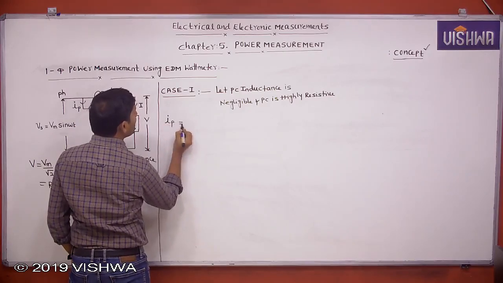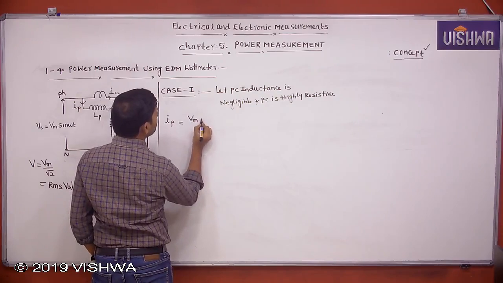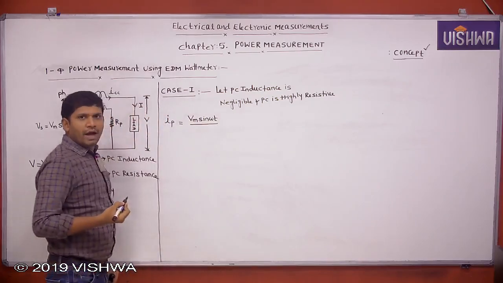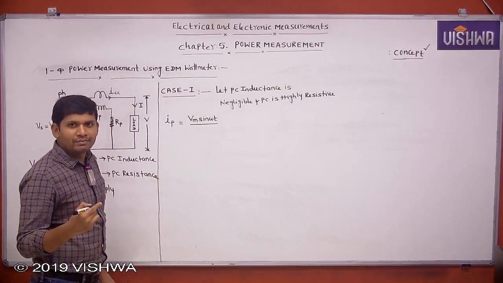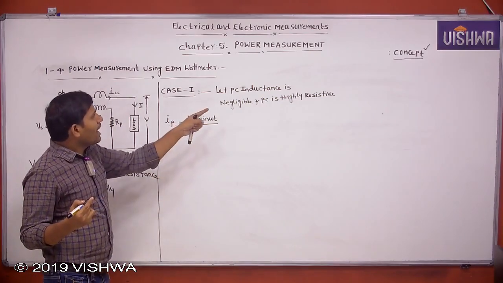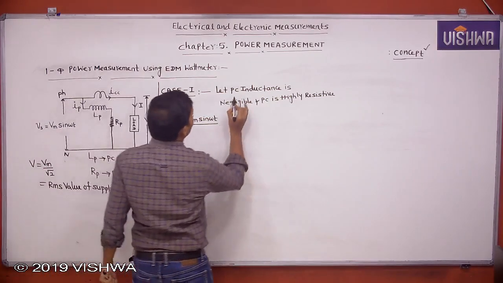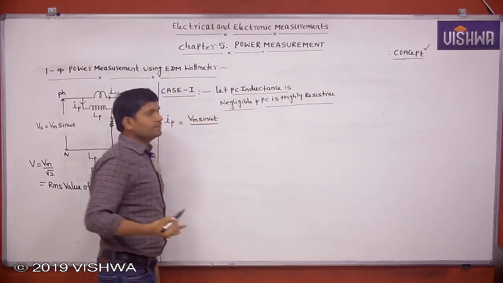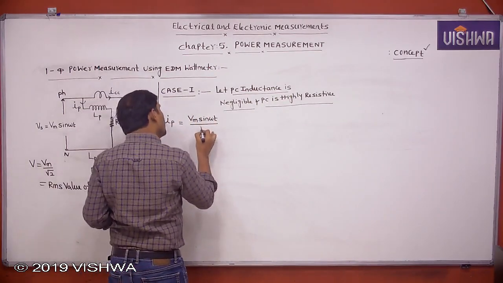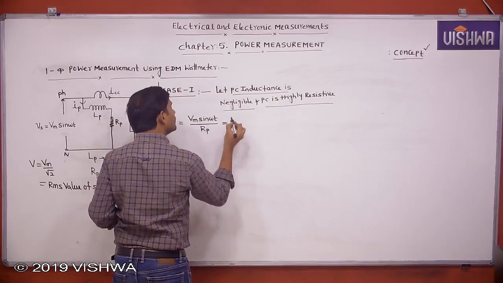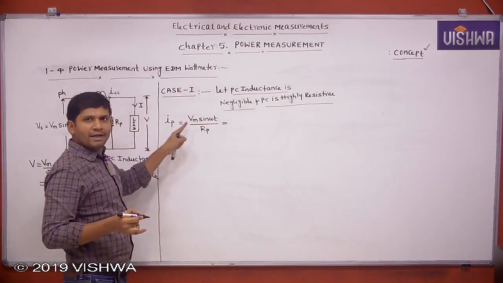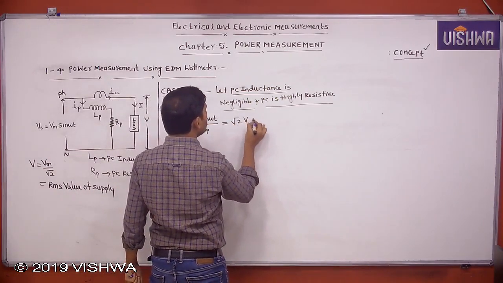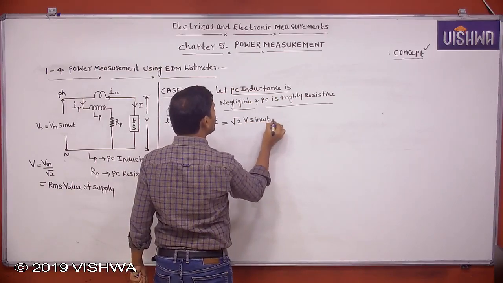It equals Vm sin omega t by, shall you take RP or ZP? You take RP, because I have taken pressure coil inductance as negligible and pressure coil is highly resistive. That's why IP equals Vm sin omega t by RP. This Vm I write in terms of RMS value of supply, root 2 V. That is root 2 V sin omega t by RP.